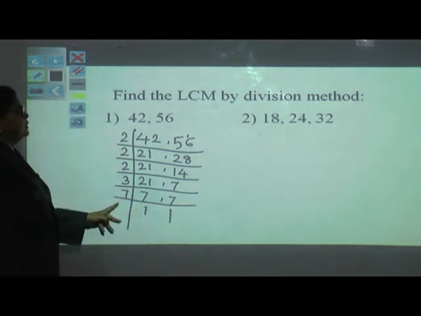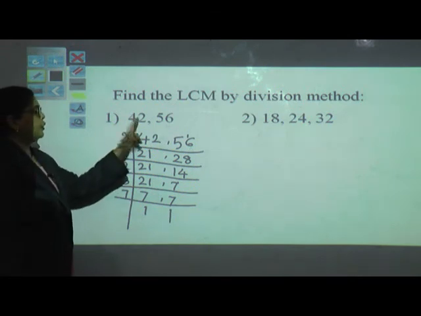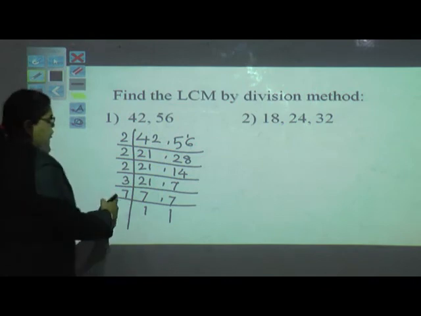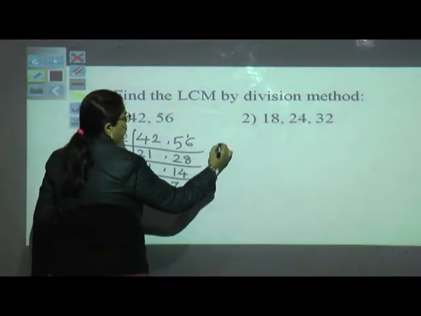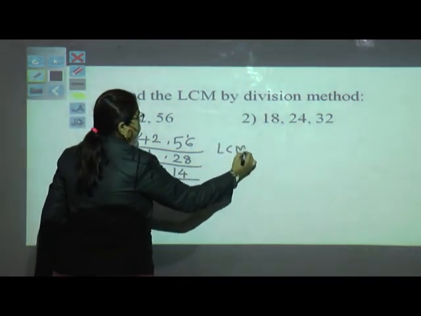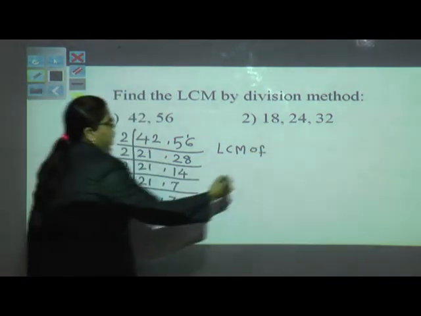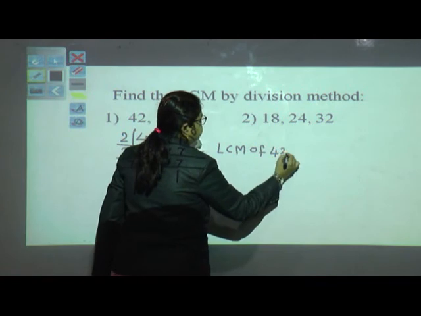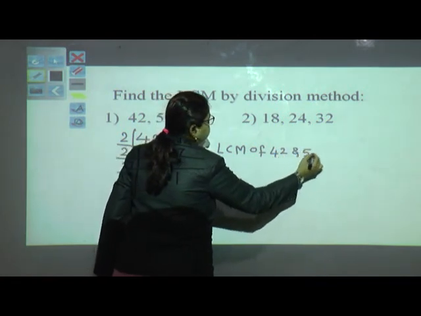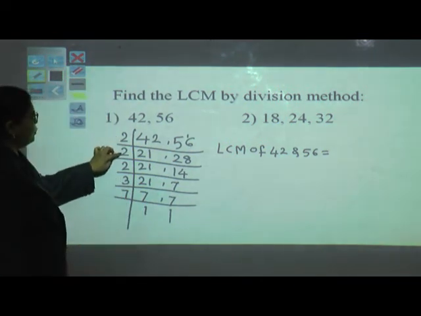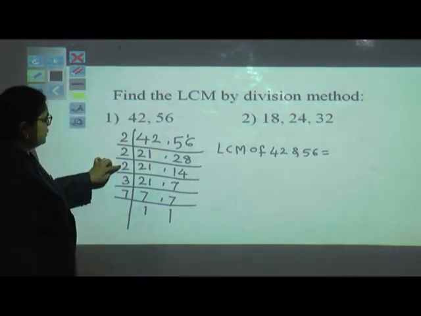What are these? These are the factors of 42 and 56. So we have to multiply them. LCM of 42 and 56 is equal to 2, how many times? 1, 2 and 3 times.